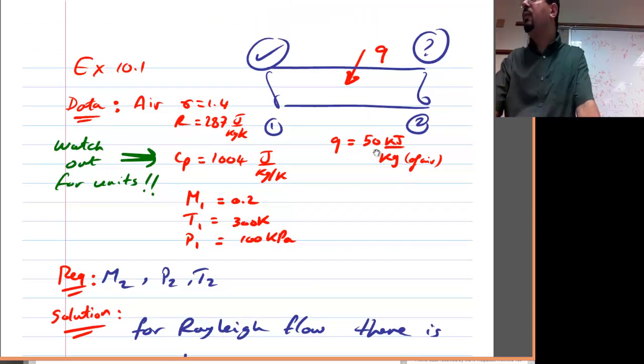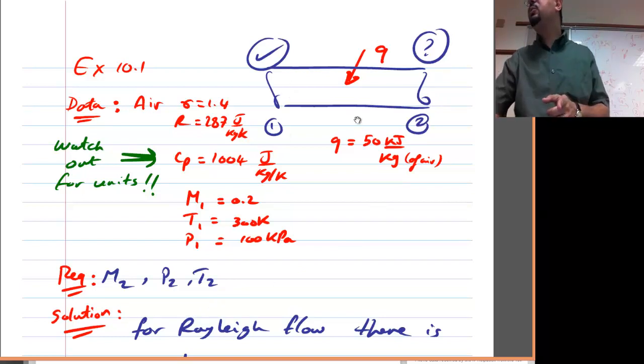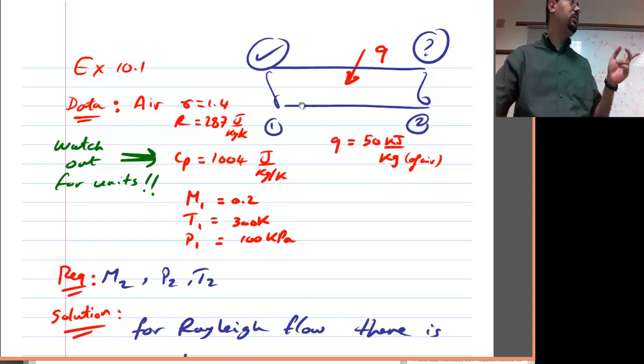And here is the Q, 50 kilojoule per kilogram of air coming in. And you would like to calculate the stuff at the outlet: M2, P2, and T2. If this Q is being added by, for example, injecting fuel, next class we will calculate what happens to the gamma and the R because of that combustion. What do you think?